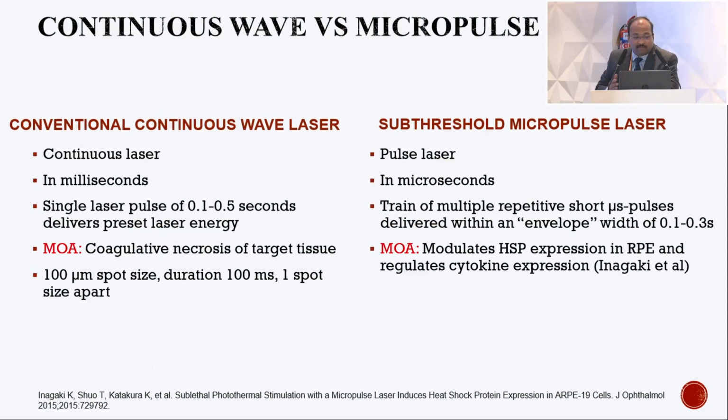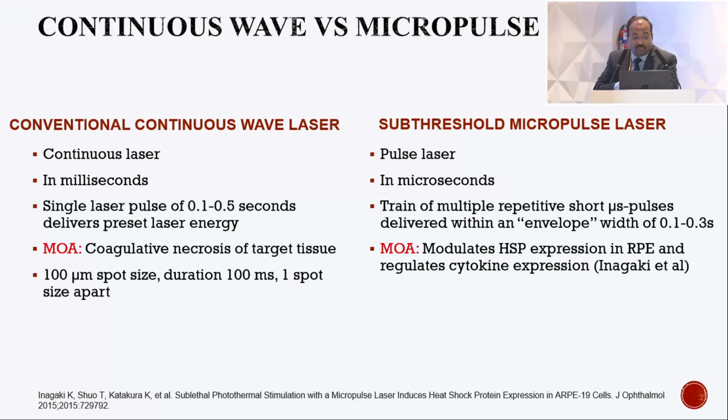Now, comparing continuous wave laser with micropulse, I'll run past this. This is continuous, that's pulse. It's in milliseconds. Micropulse is in microseconds, as the name suggests. Single pulse laser of 0.1 to 0.5 seconds, delivering a preset laser energy, whereas this is a train of multiple repetitive micropulses within an envelope.